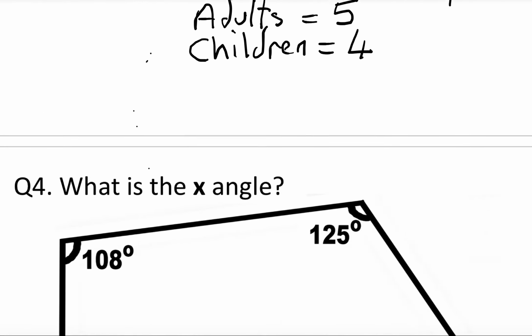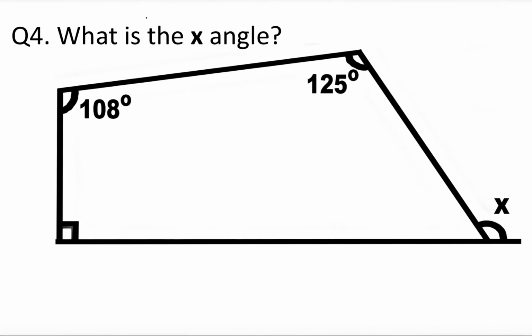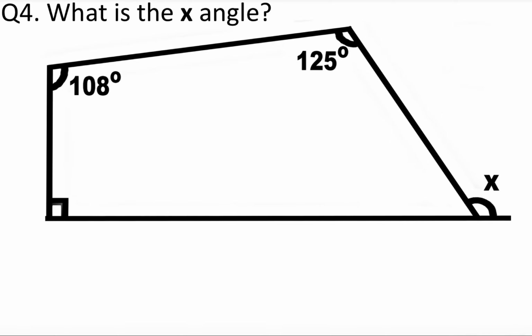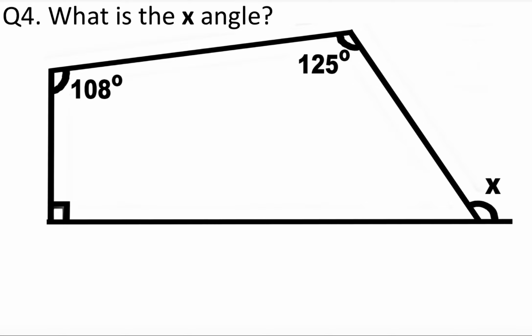Let's look at question 4. So what we have here is all about angles, and we've got a quadrilateral, a 4-sided shape with four angles. What we've got to do is find out what the angle of X is, which is over here on the right, outside the quadrilateral.